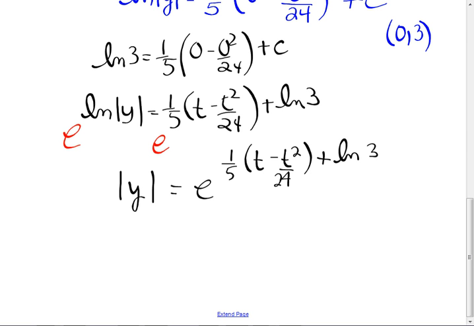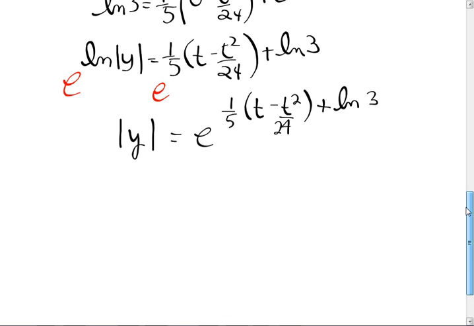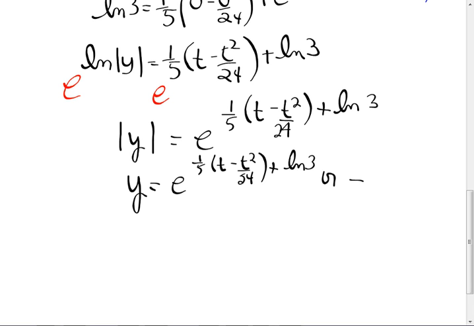No, no, no, no. Now, I want to check it so I know which one, because I'm going to get a positive one and a negative one. So I got the positive one here, or I get the negative one.